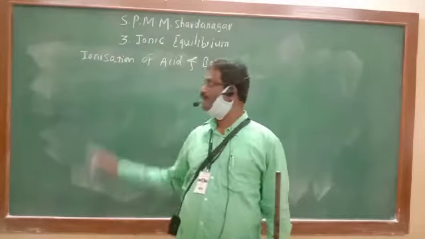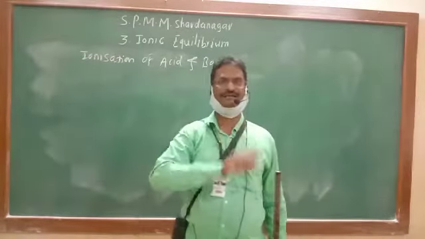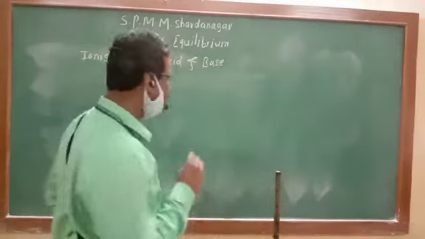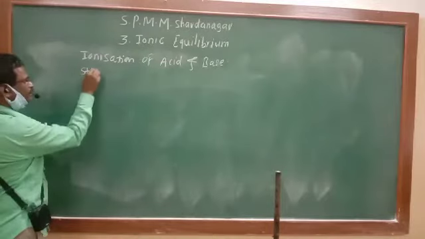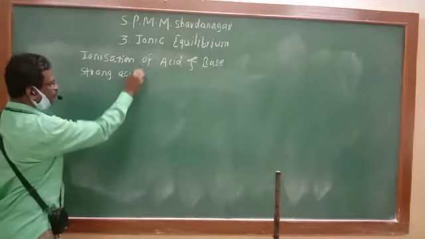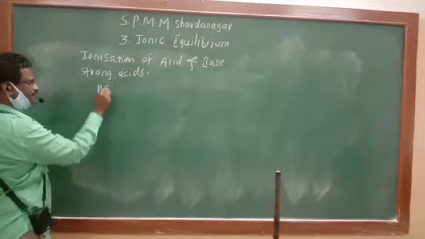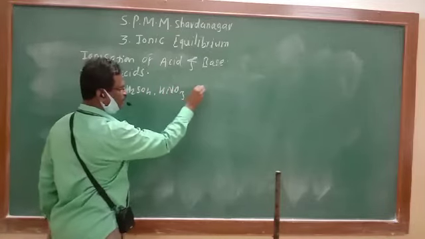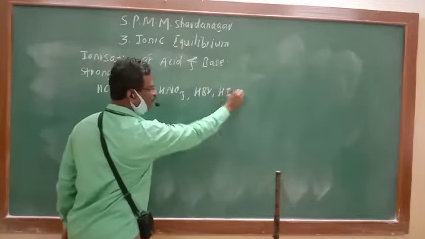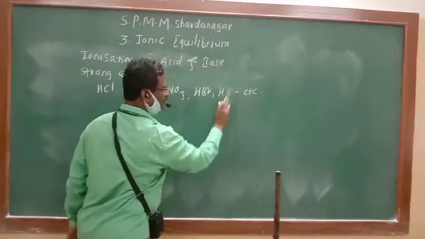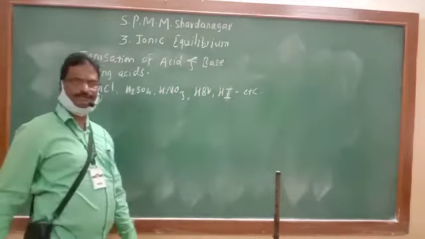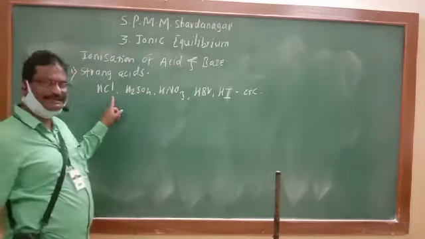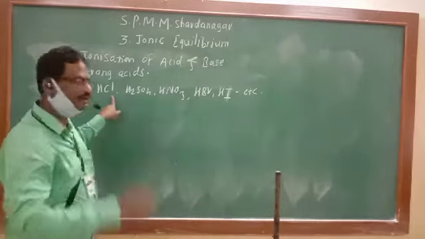Similarly, acids and bases are classified on the basis of their degree of dissociation. The acids which will undergo complete dissociation are known as strong acids, like HCl, H2SO4, HNO3, then HBr, HI, hydrogen iodide, etc. These are known as strong acids because these are the acids which will undergo complete dissociation.